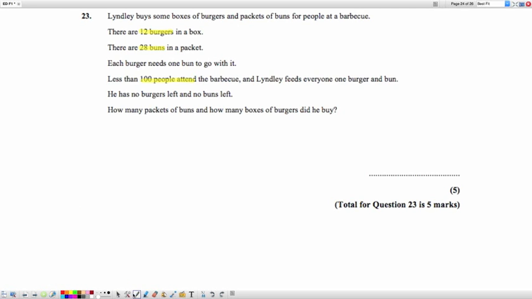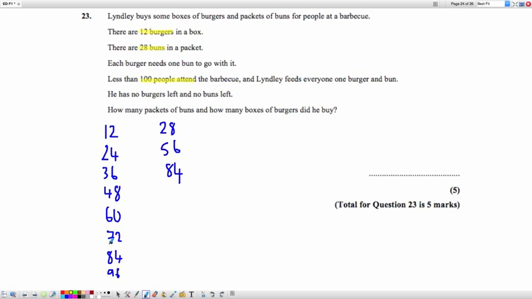So what we really need to find is the lowest common multiple of the two numbers, 12 and 28. So let's start writing out the multiples of 12. 24, 36, 48, 60, 72, 84, 96, up to 100. For 28, 28, 56, 84.